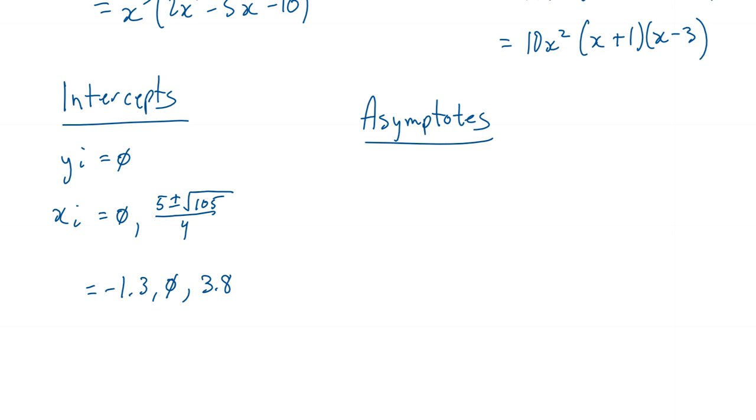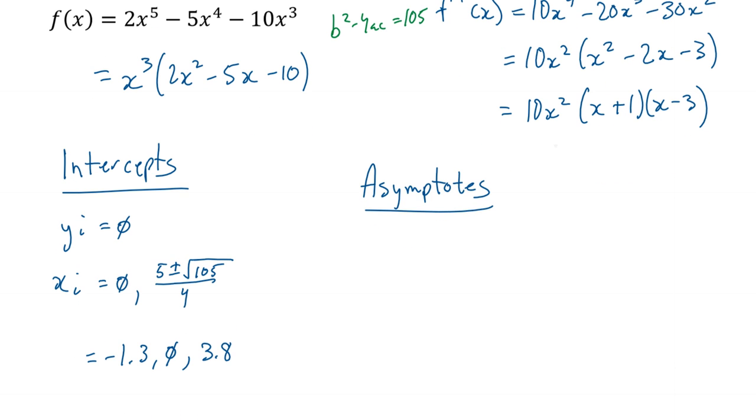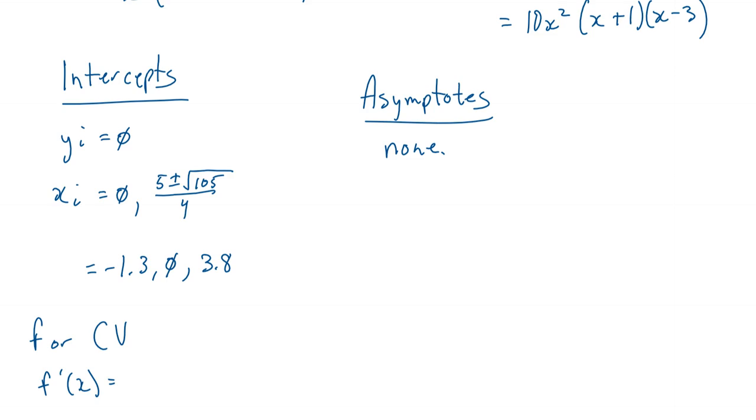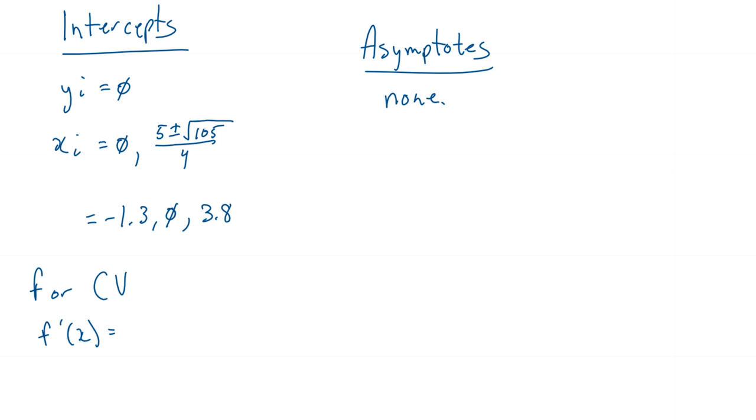Once again, this is degree 5. So none. Degree 5 polynomial, sorry. So polynomials don't have asymptotes. All right, first derivative chart. Whoops.